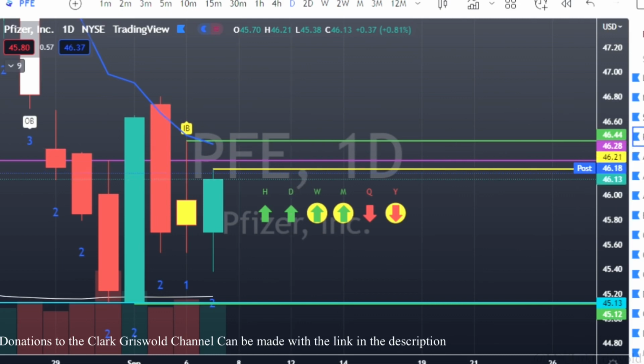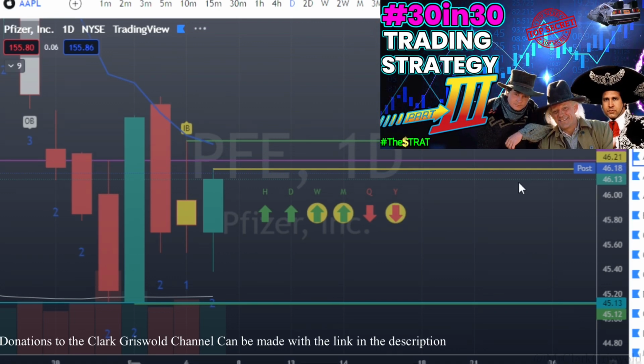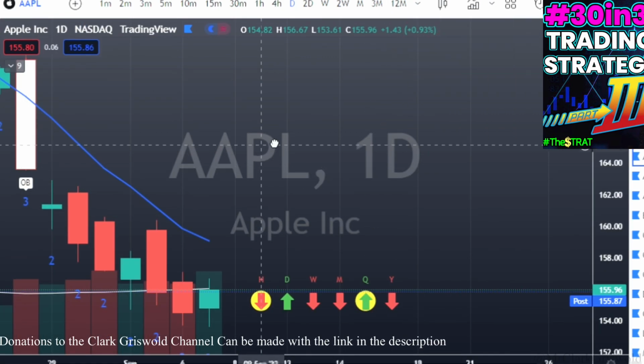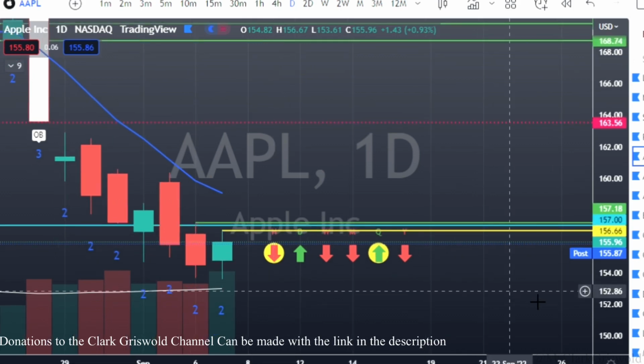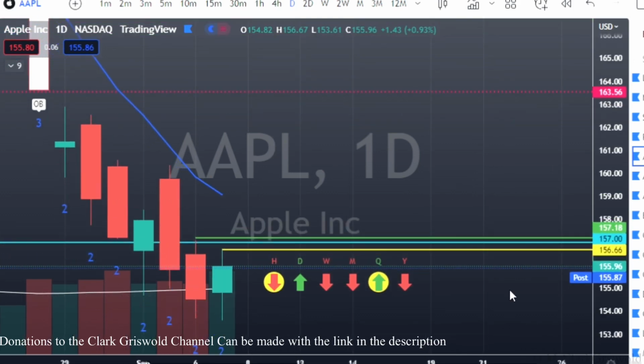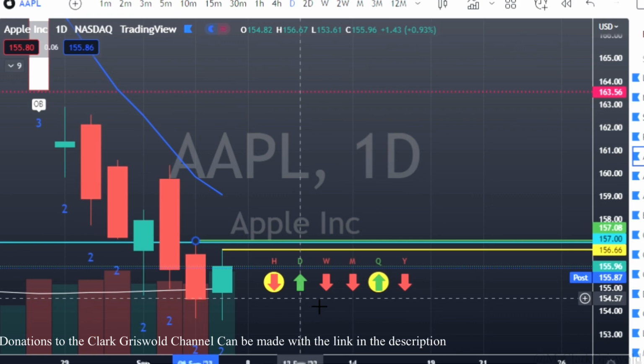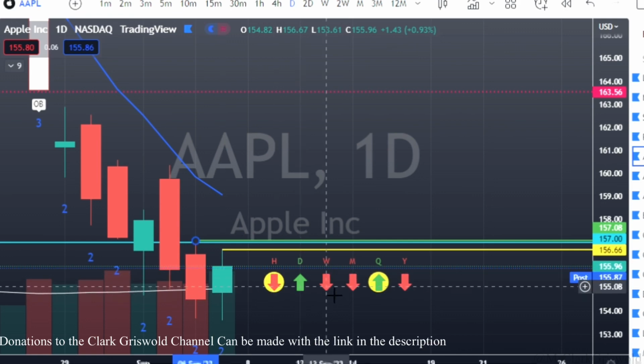If we move on to the next one, we'll go to Apple. AAPL. Apple had a 2 down that finished green. Again, this is why I'm having an issue with this, because we've got a bunch of the time frames pushing in the red. Okay, so yes, if we trigger on this candle here to the upside at 156.66, the day and the week will be green, okay?